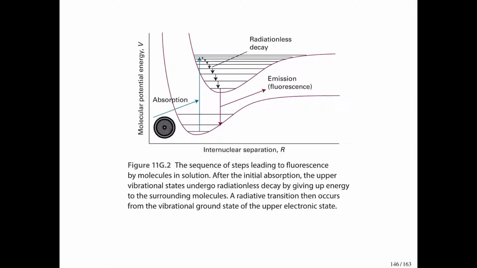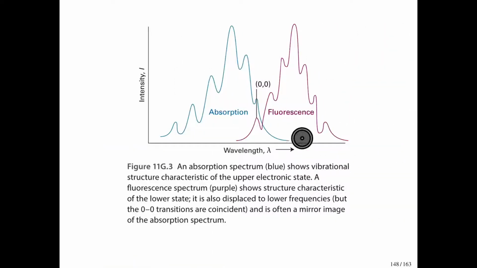In this diagram, they're very different. And for that case, what can happen is the fluorescence pattern will be radically different than the absorption pattern. So sometimes the absorption and fluorescence are mirror images, other times they're not.